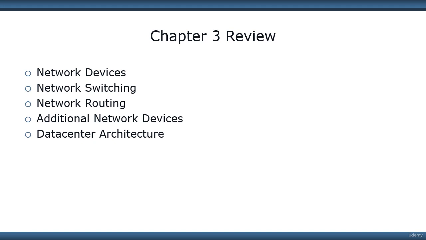And then finally, we looked at data center architecture, defined some new terms probably new to a lot of you for the Network Plus exam, along with software-defined networking. These represent large enterprise capabilities, but with software-defined networking, really they represent the evolution of the local area network.